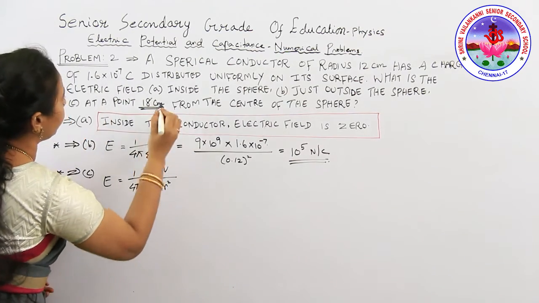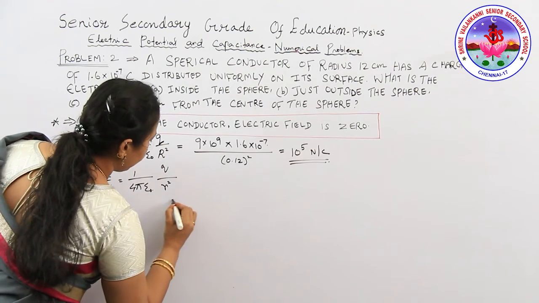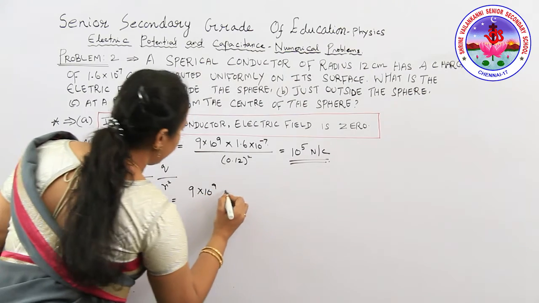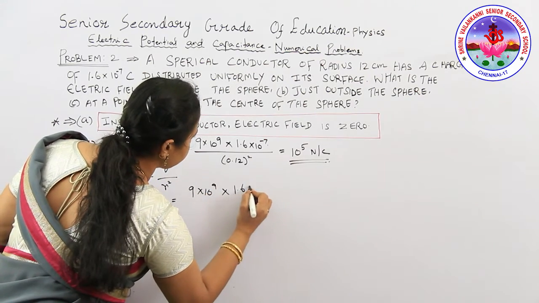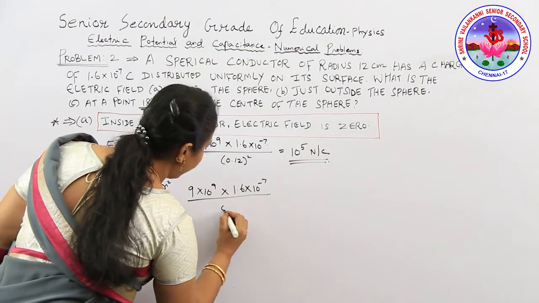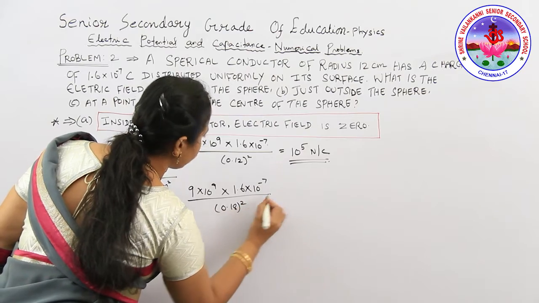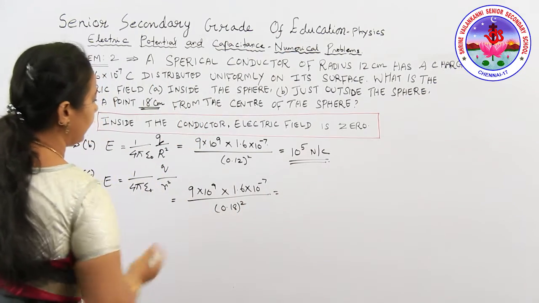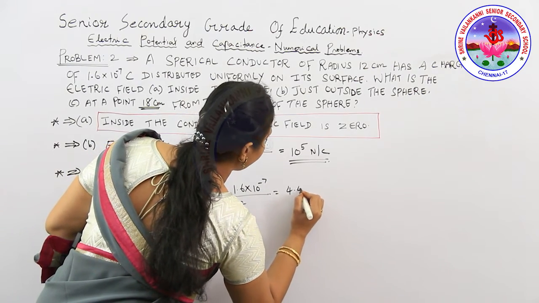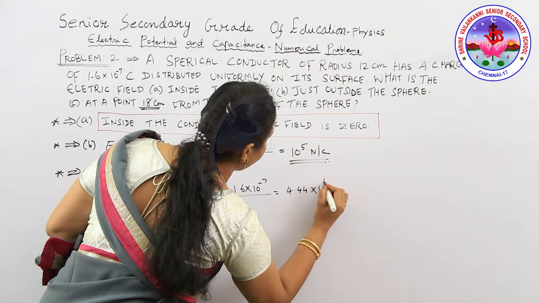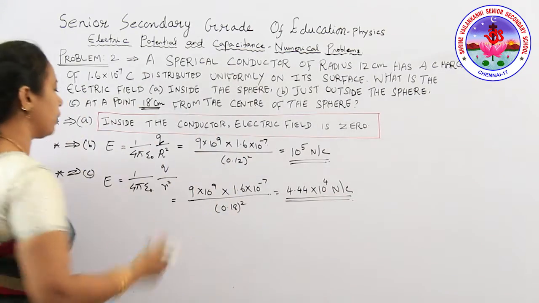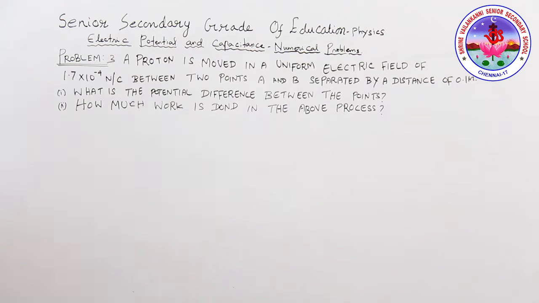They have given the values, so in the same way, we can write 9 into 10 power 9 into the Q value, 1.6 into 10 power minus 7, whole divided by 0.18 whole square. After you simplify this value, you will get 4.44 into 10 power 4 Newton per coulomb. So this simplification work you can do, right?